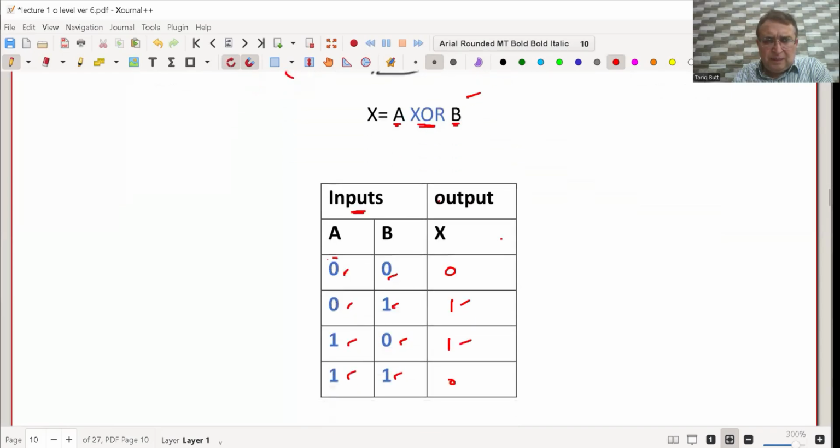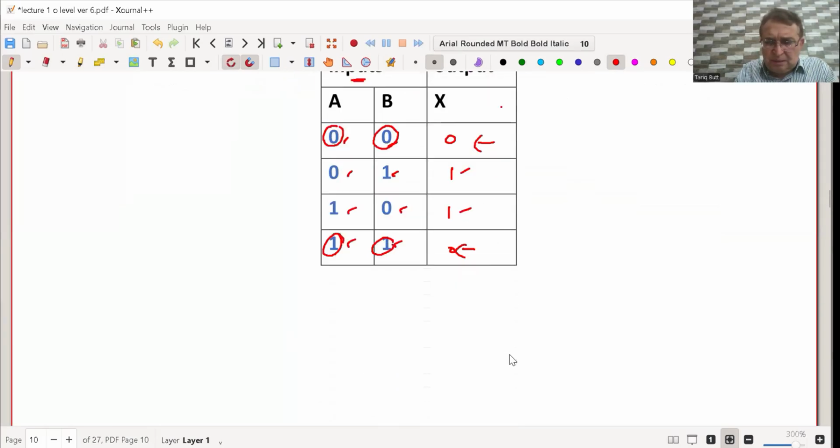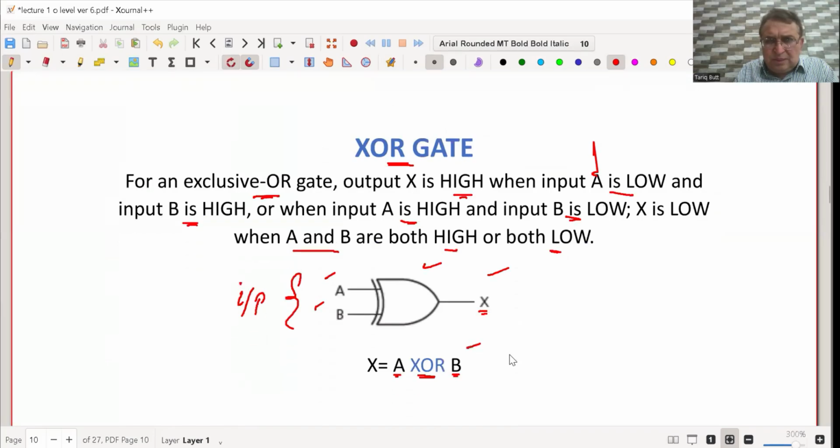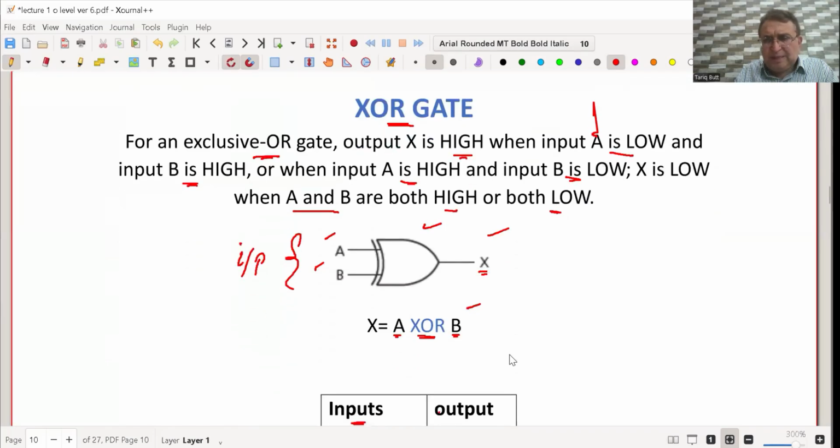That's it. This is as far as the truth table for exclusive OR gate is concerned. Fine.